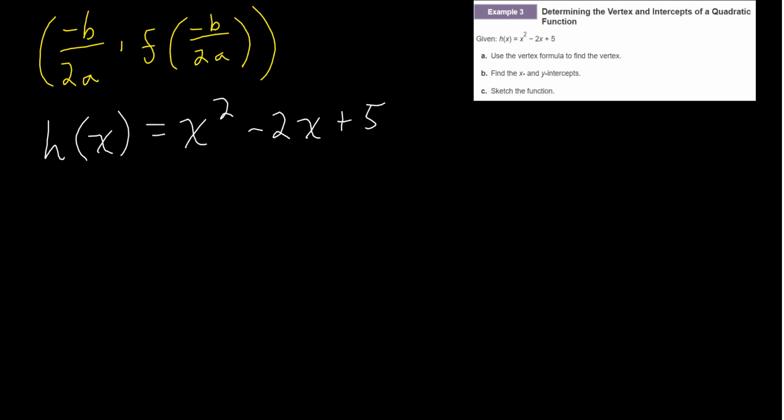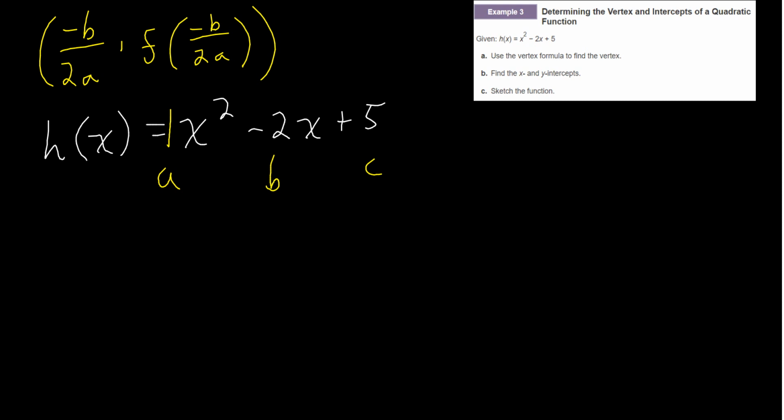In this case, this is the a, which is 1. This is b, which is negative 2, and 5 is the c. We'll put a 1 there just to really drive the point home that a is 1.